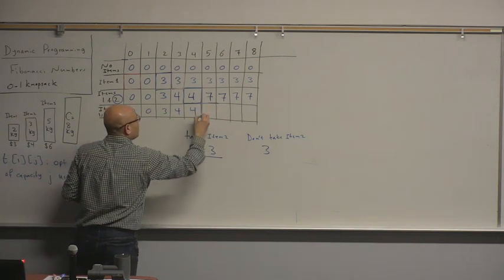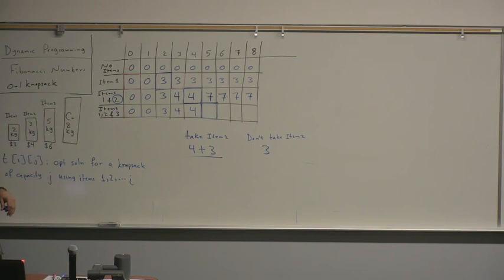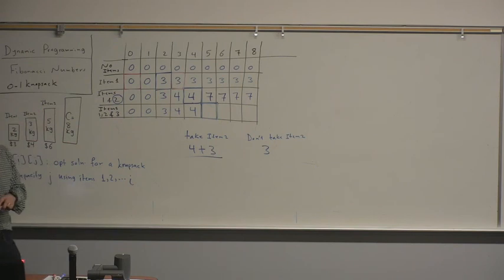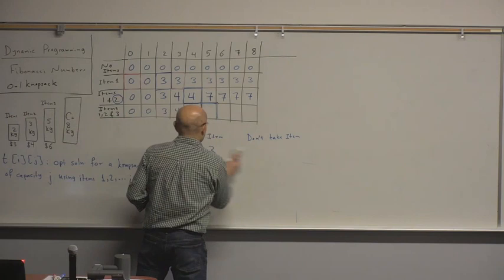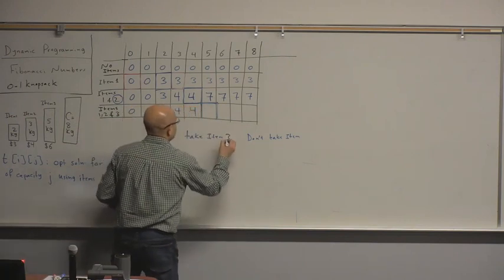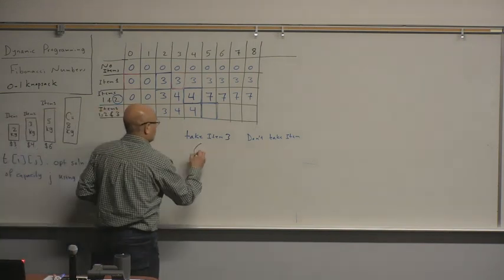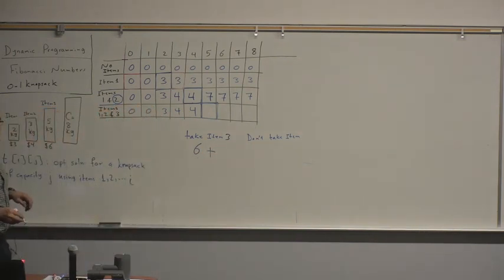Now I consider taking item 3. And I have to compare the two options, taken and not taken. Taken will not always be the best choice. So if I take item 3, I will get a value of 6. But how much remaining capacity will I have? 0.